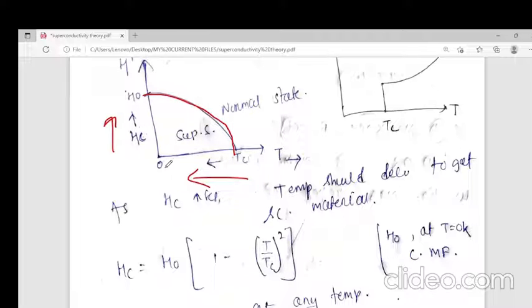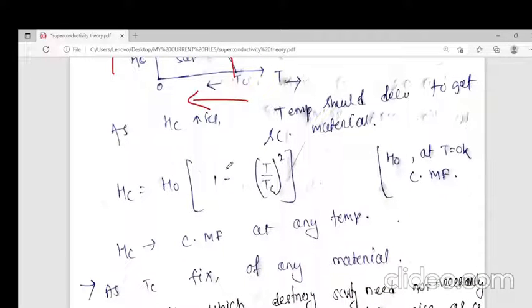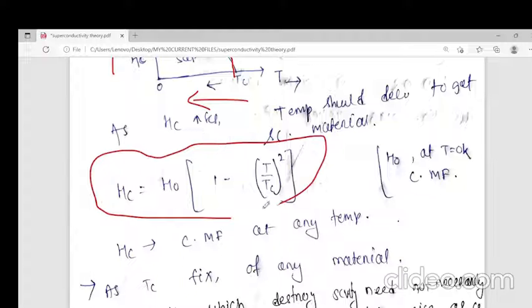From 0 to Tc the state is superconducting, and outside it the state is normal. The formula is Hc equals H naught times the bracket of 1 minus T by Tc whole squared. Here H naught is the critical magnetic field at 0 Kelvin, which is fixed for a certain material, but Hc varies with temperature T.